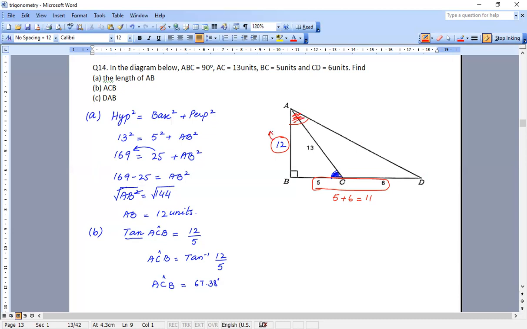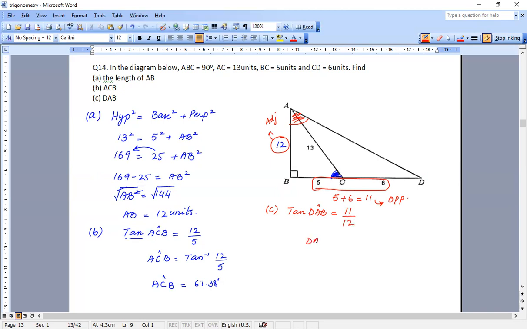So I can calculate the value of DAB according to this angle. 12 becomes adjacent and 11 becomes opposite. I do not know the hypotenuse in right angle triangle ABD. So the only trigonometric ratio which I can use here with opposite and adjacent being known is tangent theta, and in place of the angle I'll write angle DAB. Tangent DAB equals opposite upon adjacent. Opposite in this case, as I have already mentioned, is 11 upon adjacent 12.